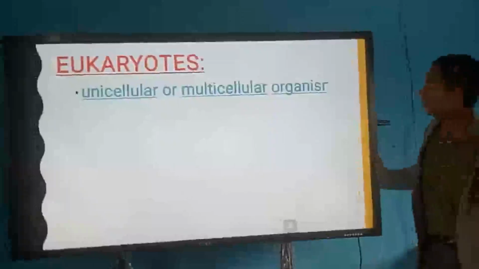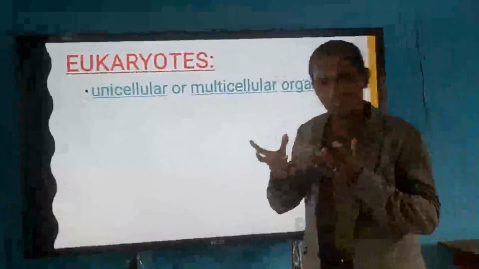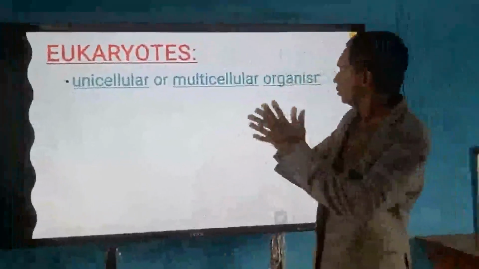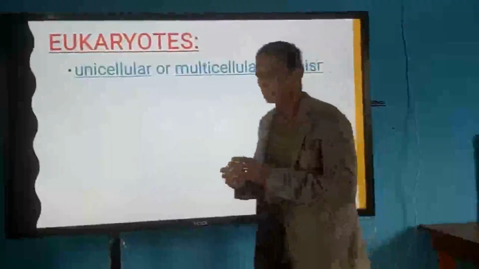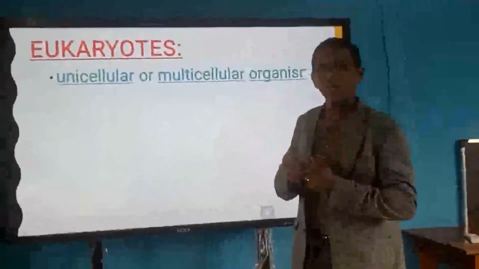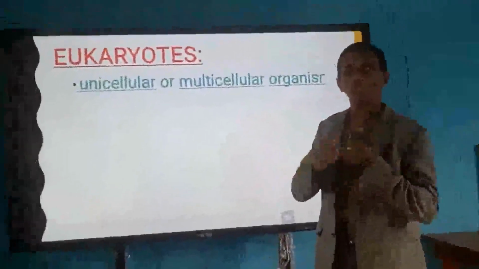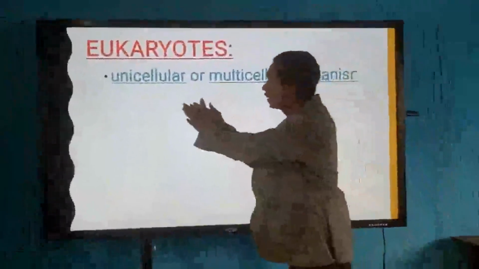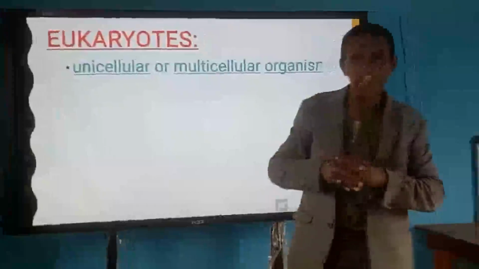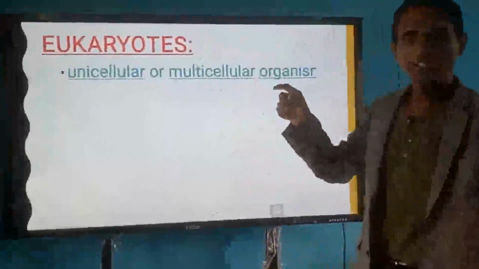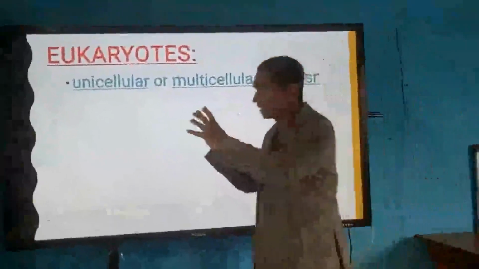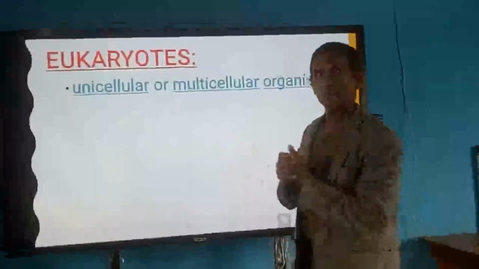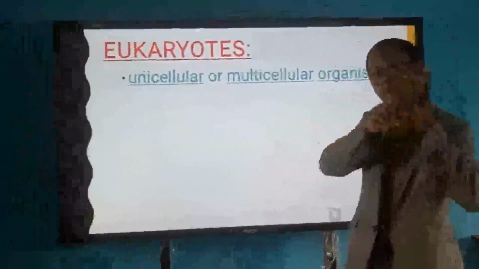You can see eukaryotic organisms may be unicellular or multicellular. For example, algae and also protists, some fungi are unicellular eukaryotic organisms. Why? They have only one cell, but the cell is eukaryotic. That means the cell is more developed than a prokaryotic cell, but they have only one cell.